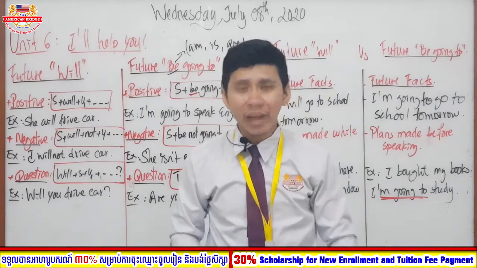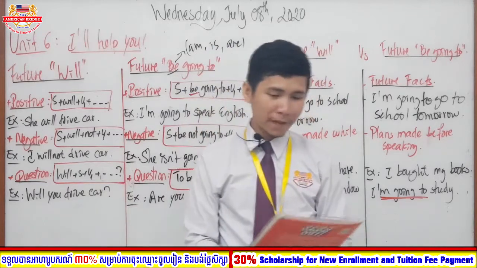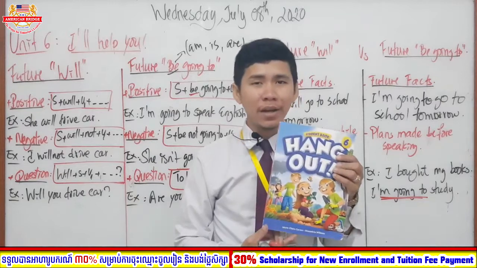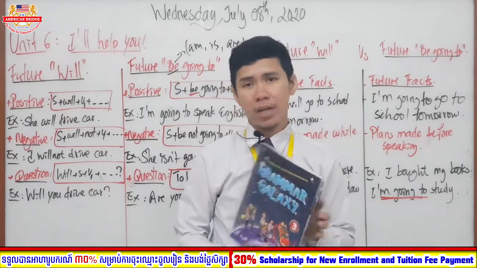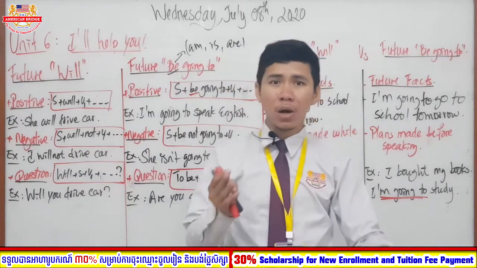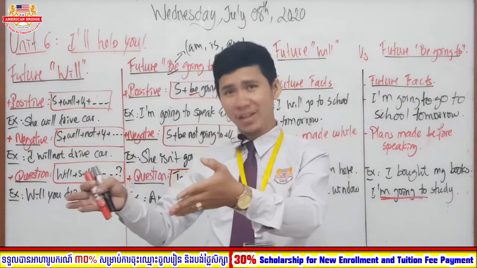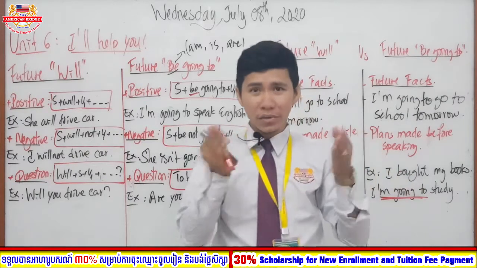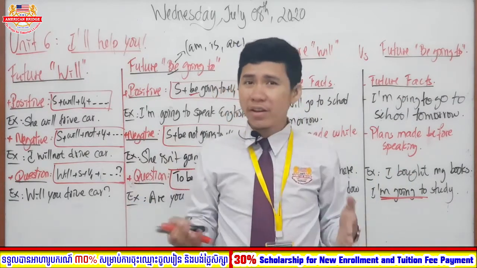And one more example: I study Hangout 6, I will buy Grammar Class 3. How is it different? One is that I bought Grammar Class 3, I am going to study it. The other is that I bought Hangout 6, I will study Grammar Class 3. It might be very different, right?